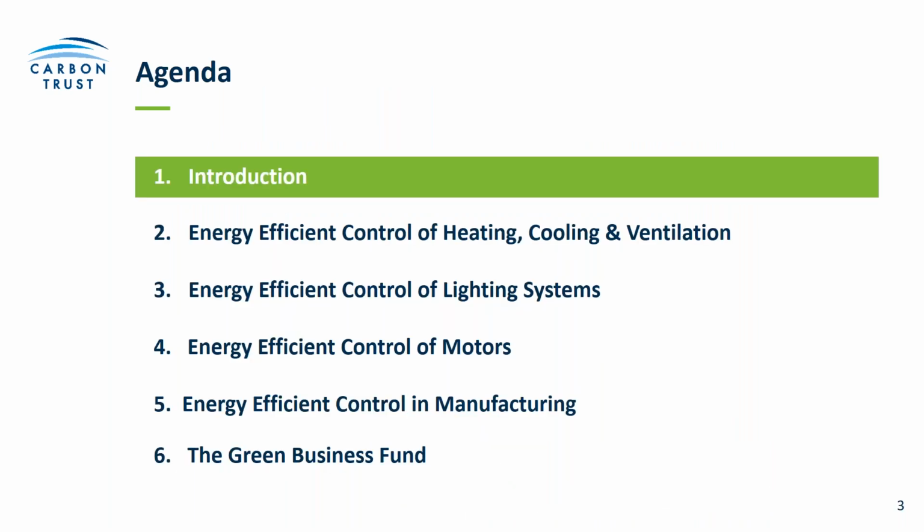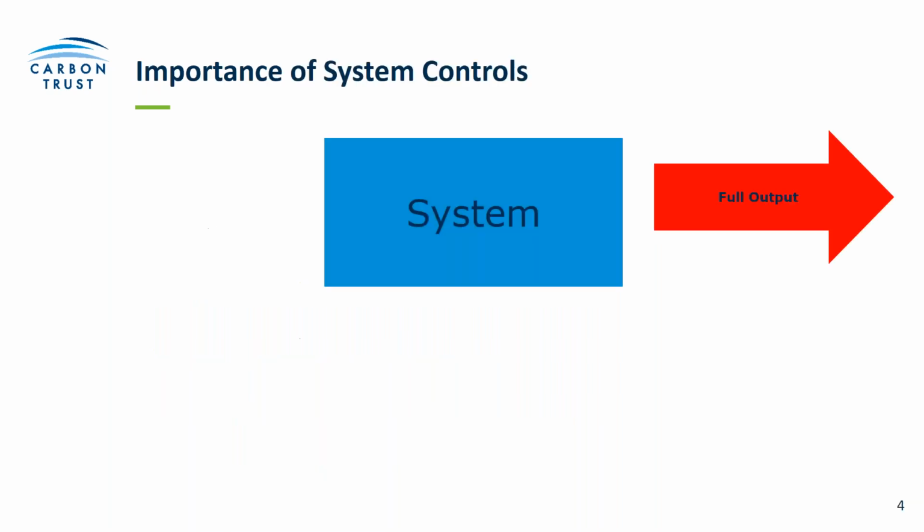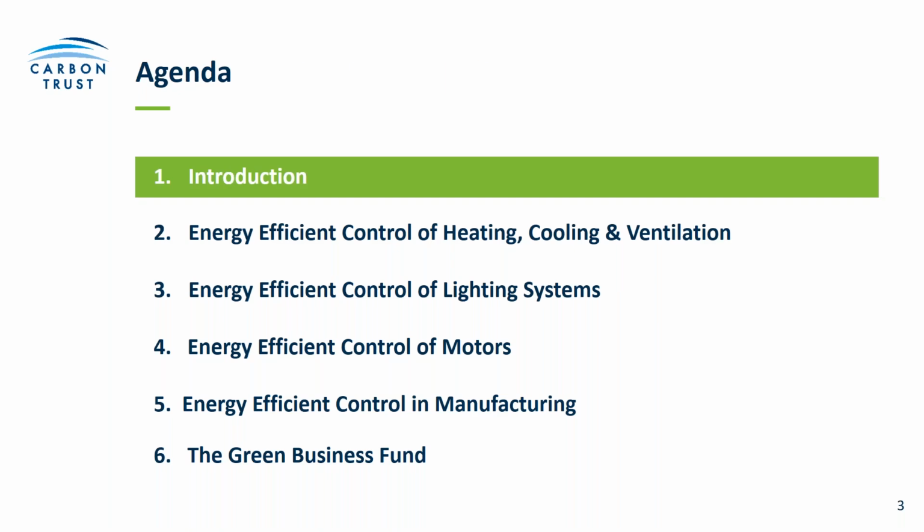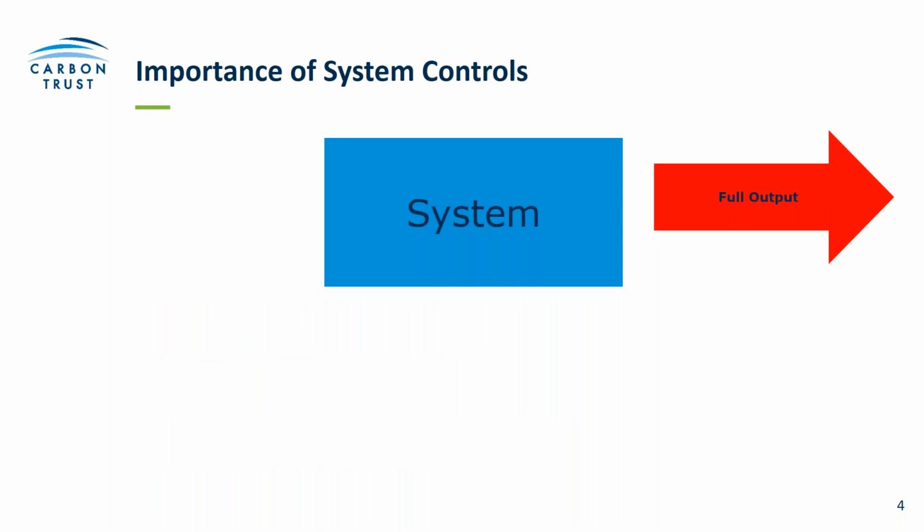So as I say, we're going to cover those 4 main areas that we discussed earlier. The first of those is going to be on heating, cooling and ventilation, but common to all controls is really some fundamentals. A system, if left unregulated, will operate at full output.